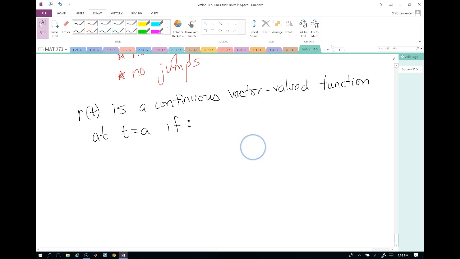All three of these have to be true. The first one is that r of a exists. You can just plug a in for the t's and get an answer.